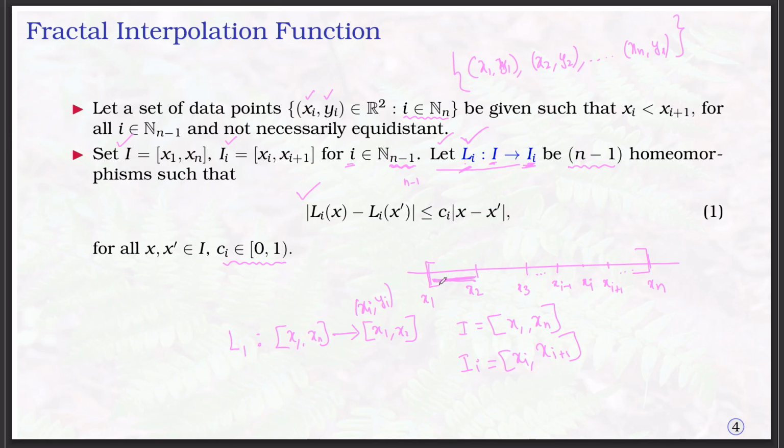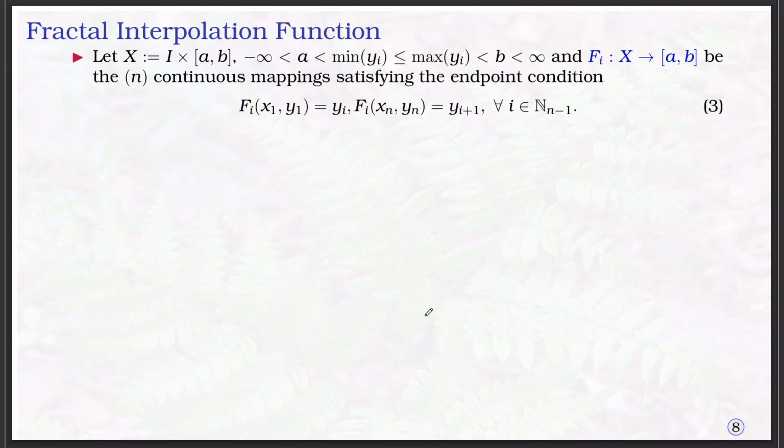Now, this is acting on the horizontal lines. Now, we have to move to the vertical direction. In the vertical direction, let us take X as I cross [a, b], where I we already defined as the closed interval x1 comma xn.